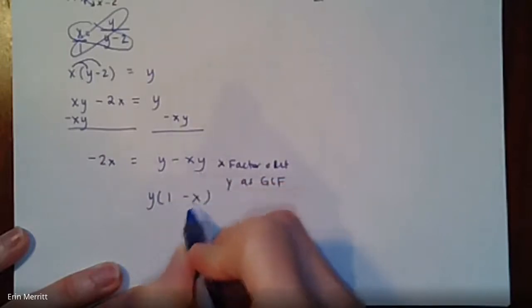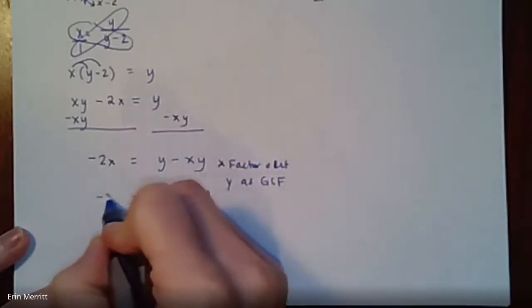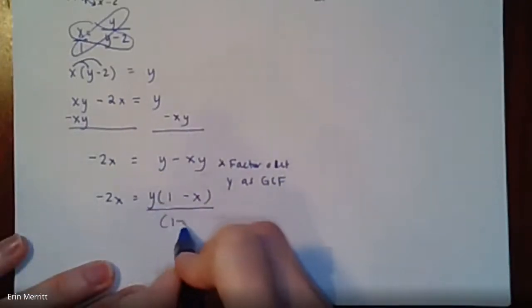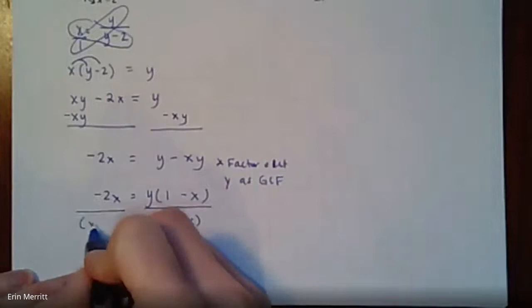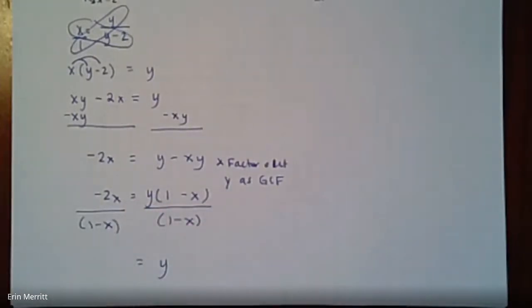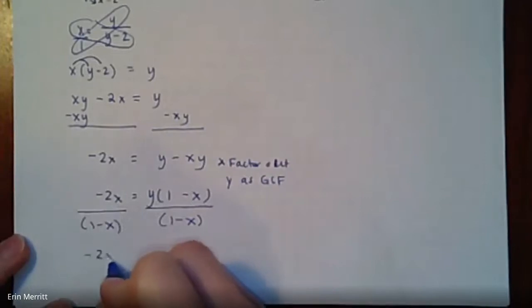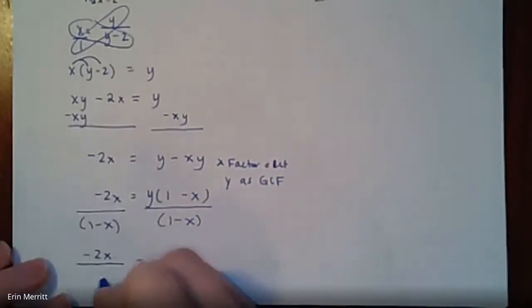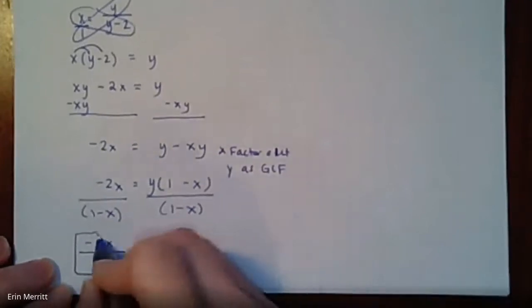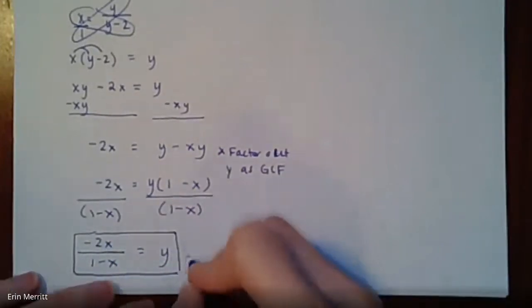Divide by y here, I'm left with minus x. And now last little step. Divide by 1 minus x to get the y all by itself. Right? And so what you're left with is negative 2x, and then over the quantity, 1 minus x. This is the inverse of the original function.